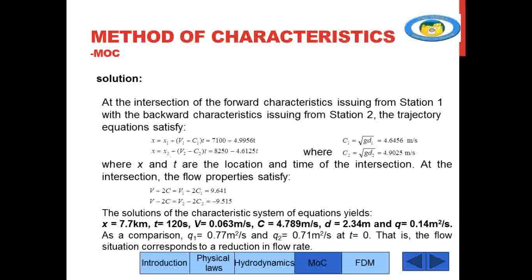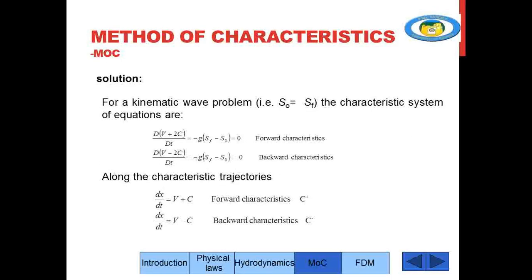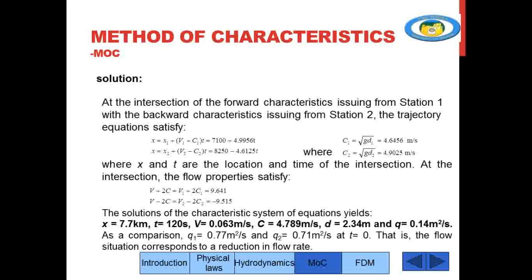So the trajectory equations would satisfy change in x per change in t is equal to V plus C. You can obtain from here, let's say if you try to find out along forward characteristics, change in x per change in t is equal to v1 plus c1. v1 is the velocity at station 1. c1 is the celerity at station 1.